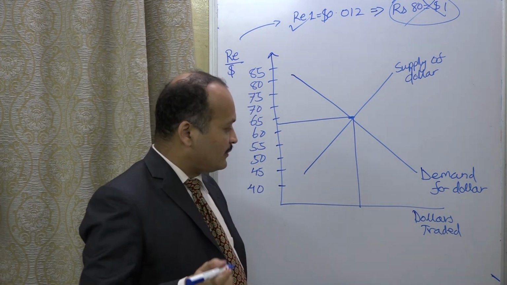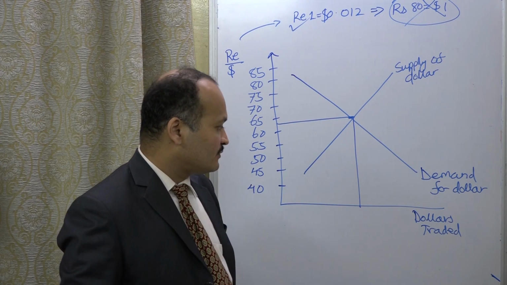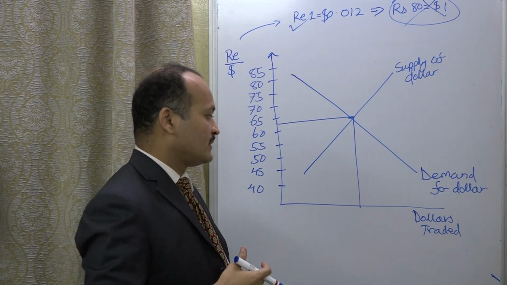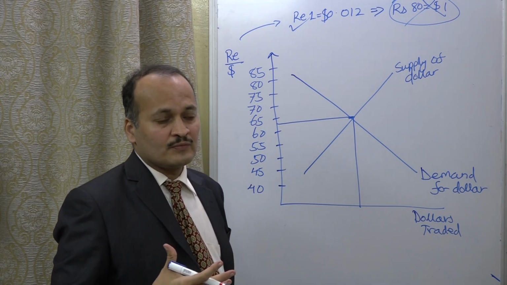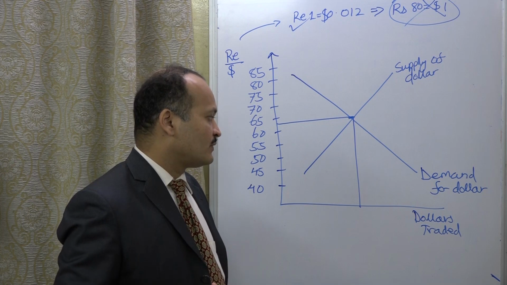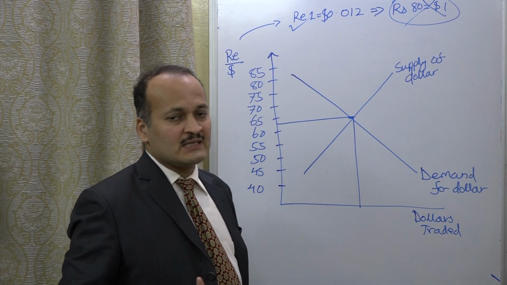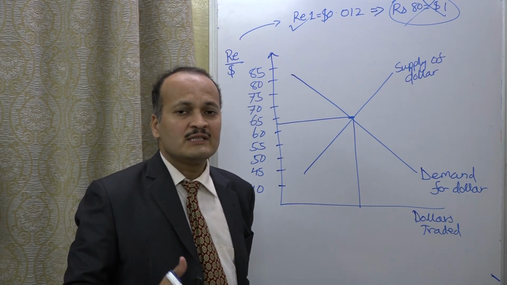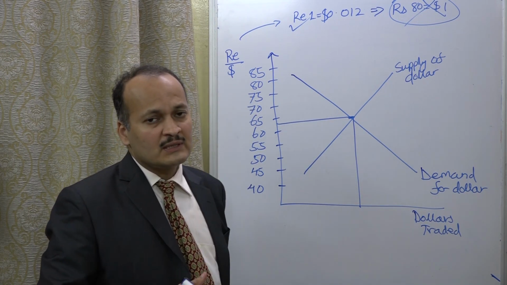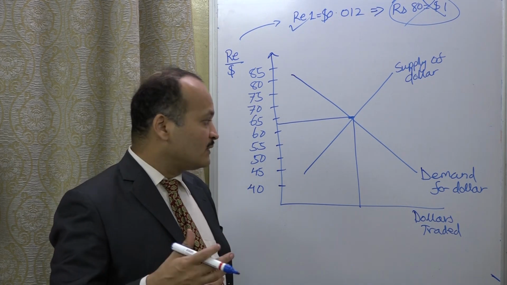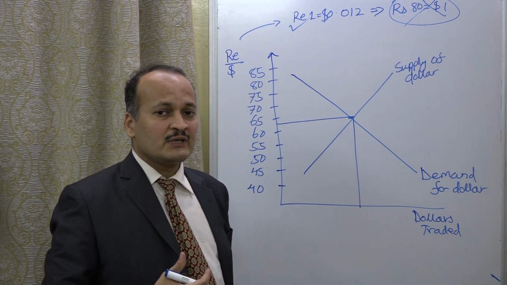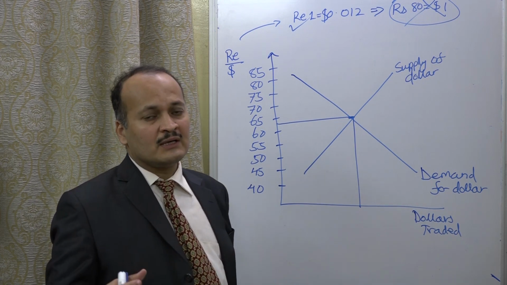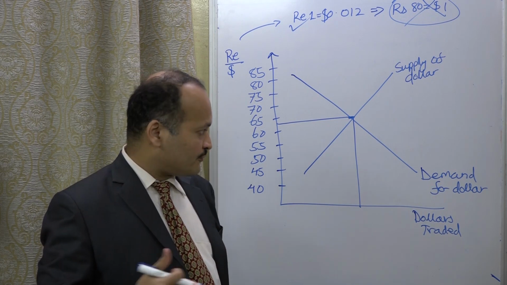By the way, when we talk about RBI's intervention in the forex market, there may be initially a trigger for the depreciation of the rupee because oil prices have gone up, which requires more supply of rupees in the foreign exchange market, and which leads to a depreciation of the currency. But once depreciation starts, speculators come into the picture and try to drive the exchange rate to a particular level so as to make a profit.